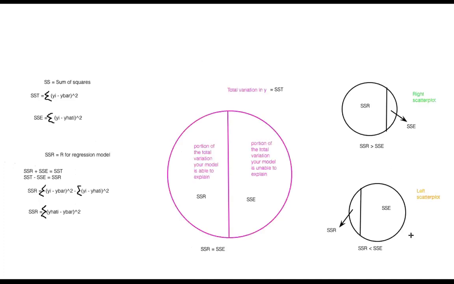And let me make sure that I do the same thing. Yeah, SSE was on the right-hand side of the circle. So this is what it looks like. You have SSE on the right-hand side that is smaller compared to SSR on the left-hand side.